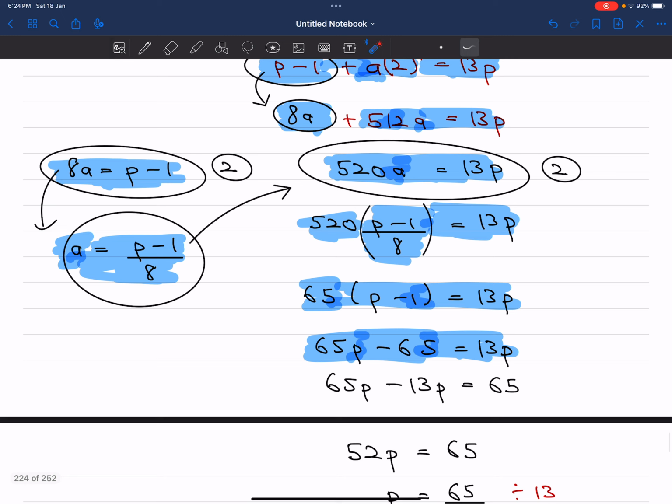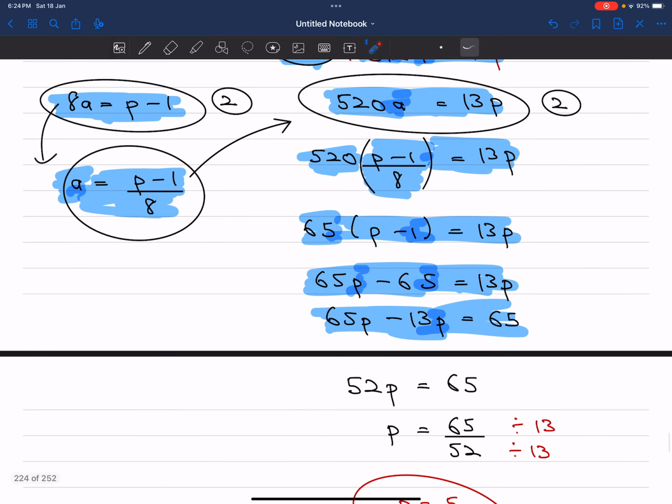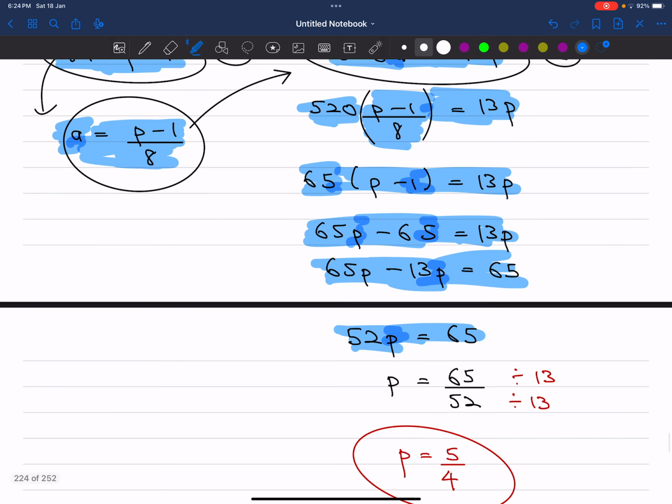Collect all the P together. Right hand side 13P transfers and becomes negative 13P. We have 65P minus 13P. And the negative 65 transfers to the right hand side and becomes positive 65. 65P minus 13P, you get 52P equals 65.